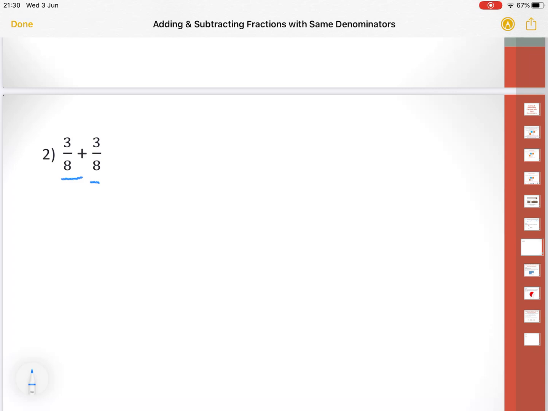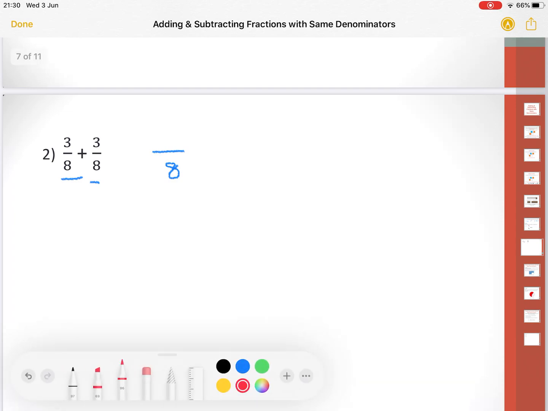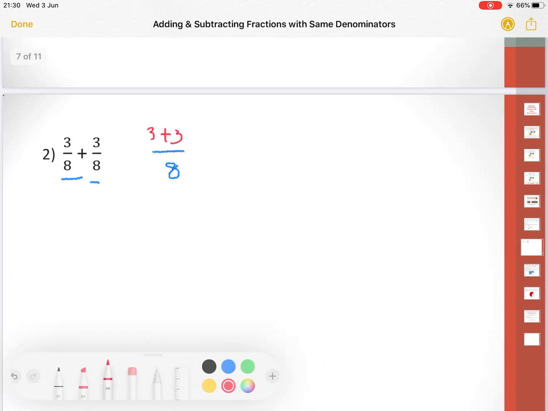So when I add the 2 parts, they still remain out of 8, all right? So out of 8. I just need to add the numerators only. So 3 plus 3, that is equal to 6/8, right?